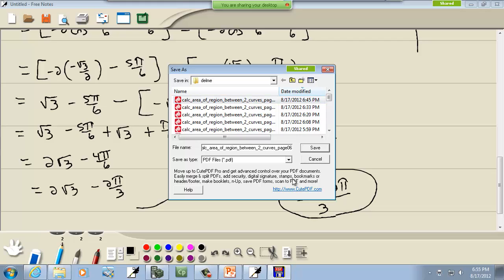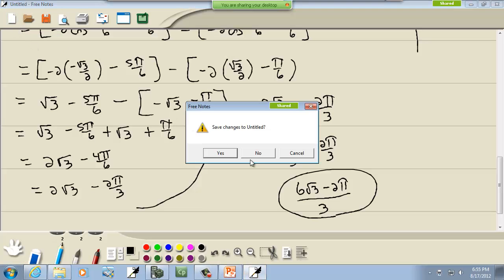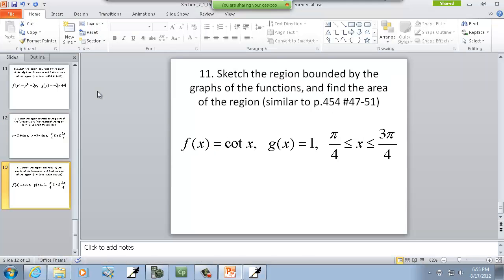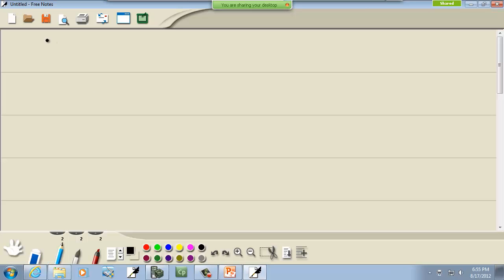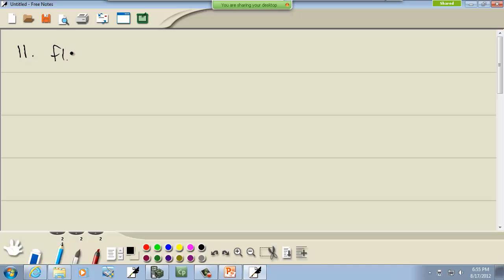And then let's do our last problem. Okay, so we got f of x is equal to cotangent x, and g of x is equal to 1.